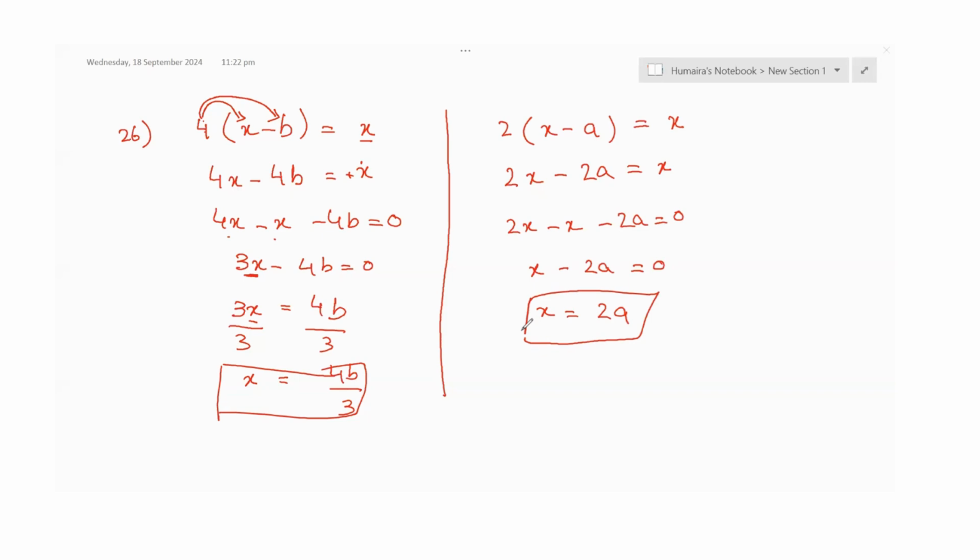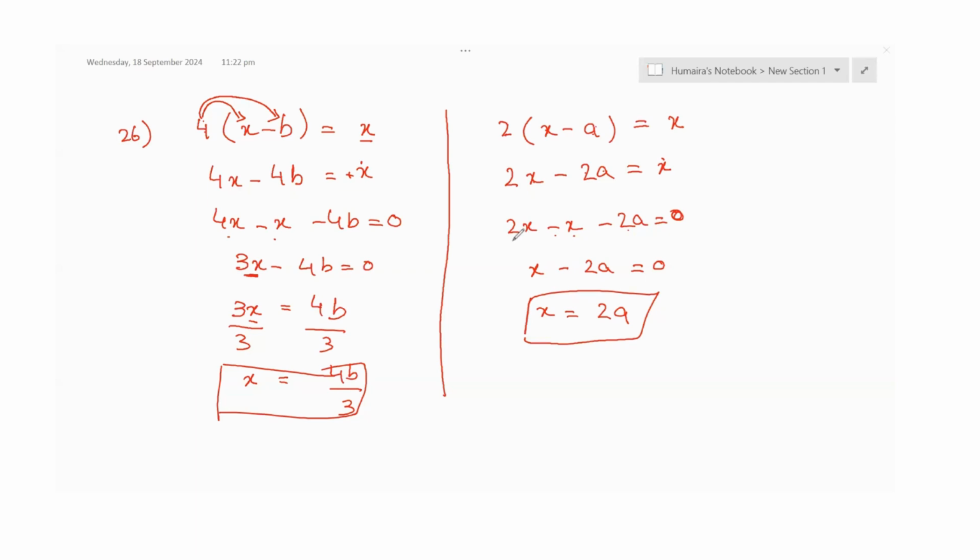Hold up, could you explain that? Yeah. First we just multiplied this 2 with these two terms. When we multiply 2 with x, we get 2x, and 2 times a gives us 2a, equals x. When the same variable is on both sides, we set the like variables on one side. So I shifted this positive x to this side, and it gave me 2x minus x, and this negative 2a as it is, and there is nothing on the right side of the equation, so it would be 0 here.